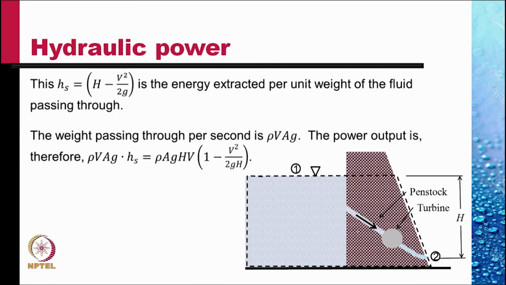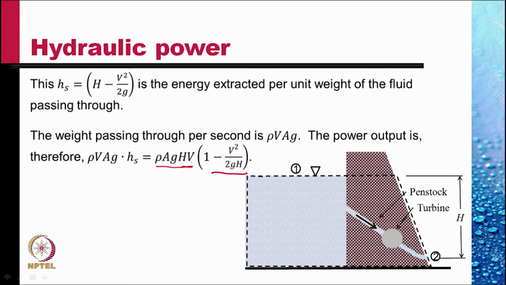Now this is an interesting expression. Here, as V increases, this part increases, but this part decreases. So one part increases, the other decreases. When V is equal to 0, clearly the power would be 0.